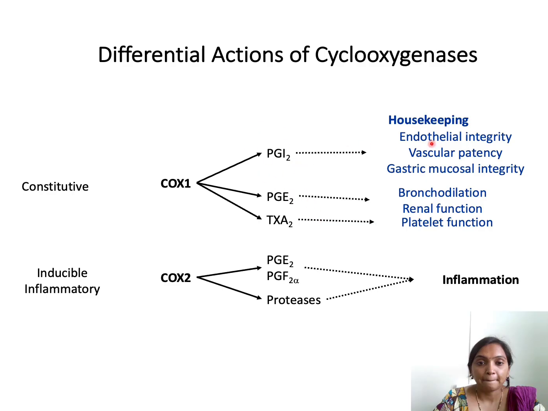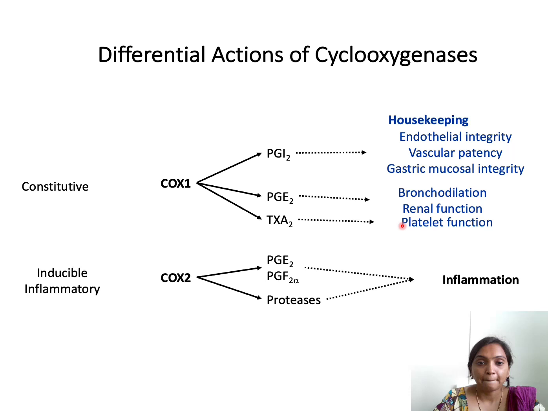I2 is involved in endothelial integrity, vascular patency, gastromucosal integrity. E2 is involved in bronchodilation and renal function. Thromboxane A2 is mainly involved in platelet aggregation, that is platelet function.